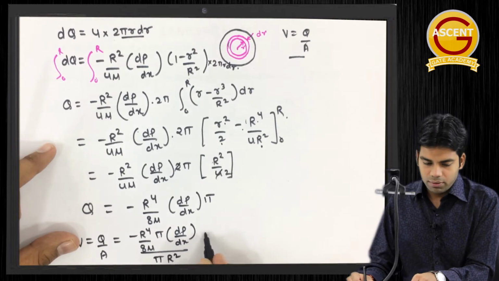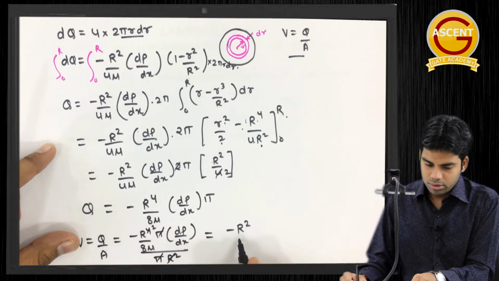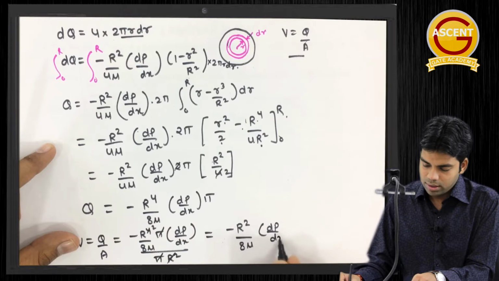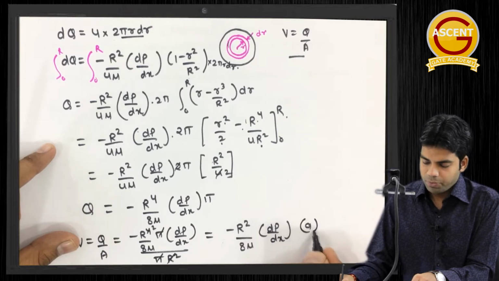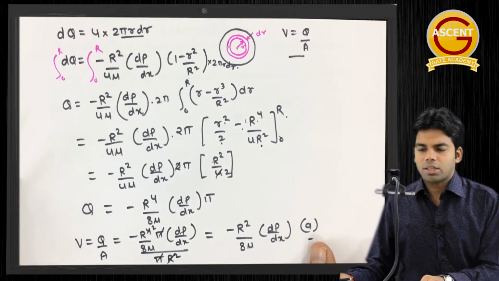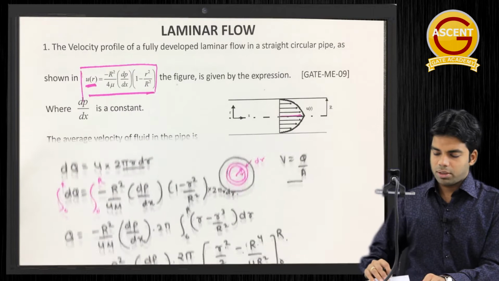From here, the R square will cancel out and pi will be cancelled out, so we get minus R square by 8 mu into dp by dx. So the answer should be A. But this is the conventional method, and obviously this will take much time, so better would be that we should solve this question with the help of the shortcut trick.